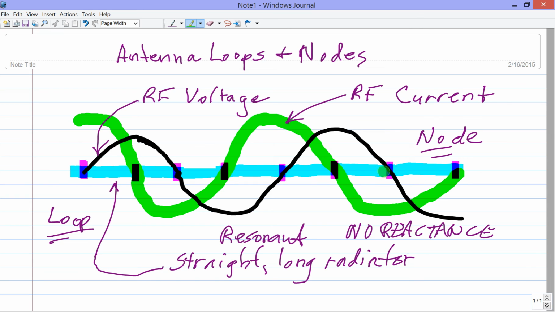Now, if you feed an antenna in between any of these nodes, you will get reactance along with the resistance in the impedance at the feed point. But with extremely low loss line at the high frequency part of the amateur radio spectrum, that doesn't matter as long as you've got a transmatch at your station.